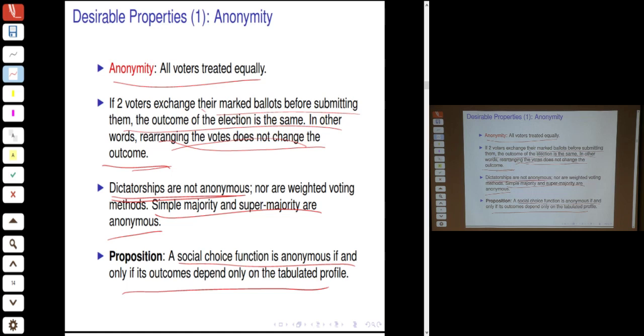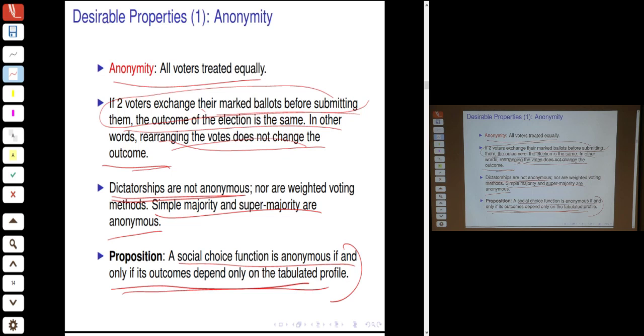So what this proposition is telling you is that a social choice function is anonymous, that is, if two voters exchange their marked ballots, the outcome of the election is not changed, if and only if the outcome depends on the tabulated profile. So what is the tabulated profile? The tabulated profile is precisely that you look at the sequence of votes cast by the different voters, and then for every candidate, you add up the total number of votes it has polled from all the voters.